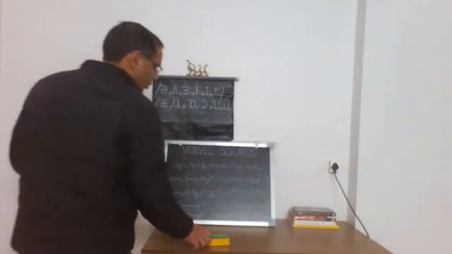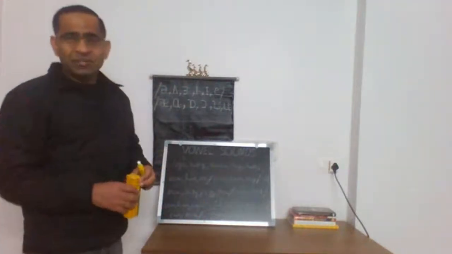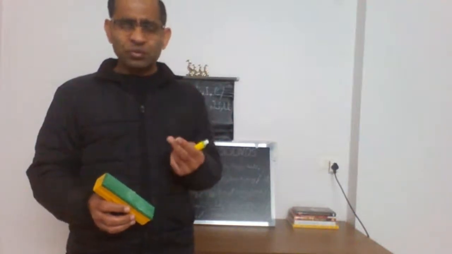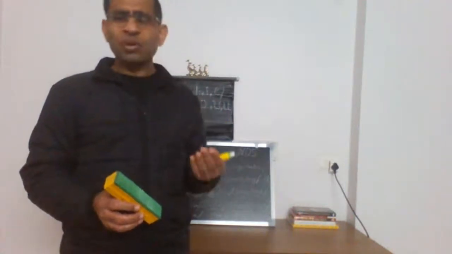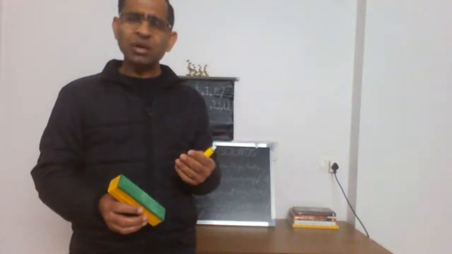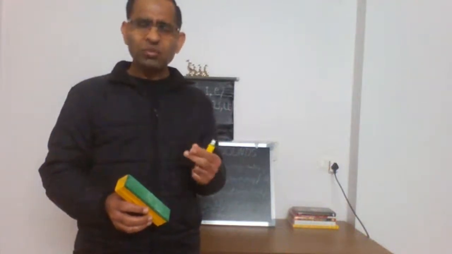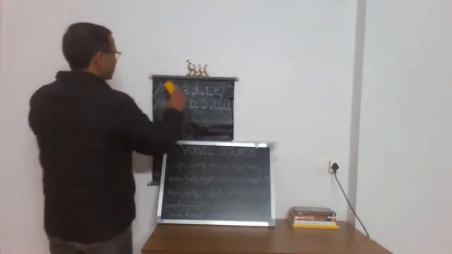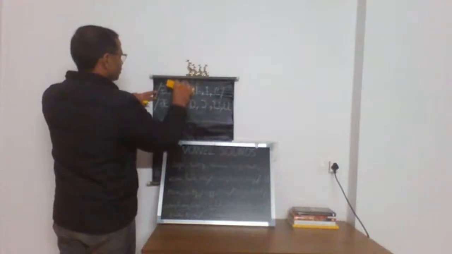Now we come to the 8 diphthongs. As I told you, diphthongs are vowel sounds too, but in diphthongs, each sound is represented by two phonetic symbols. Okay, let us learn to make diphthongs.